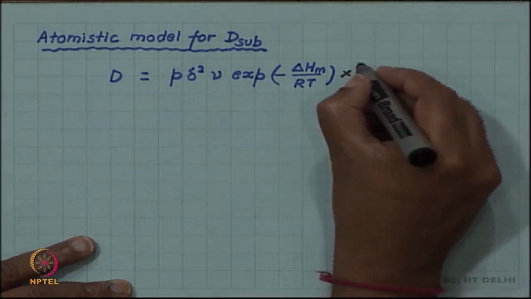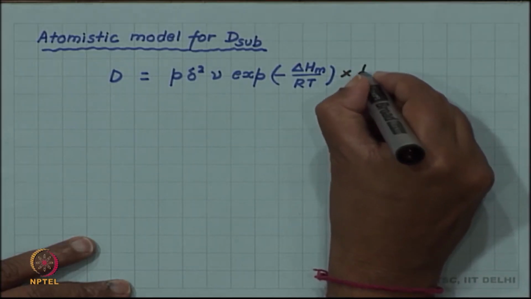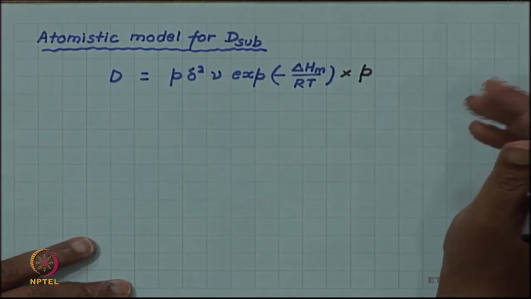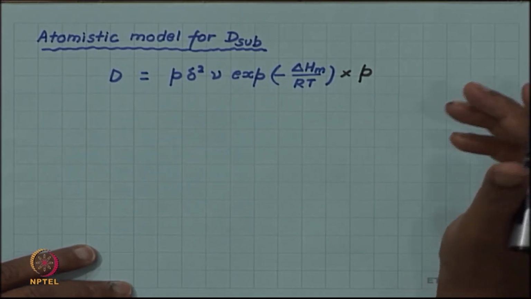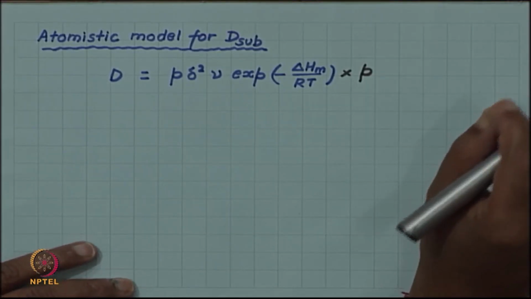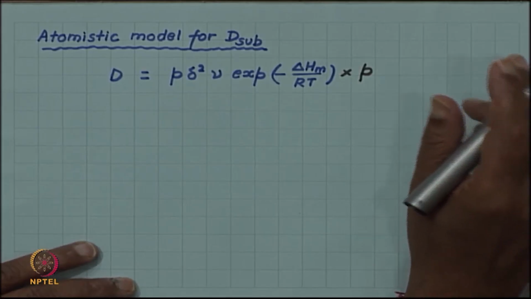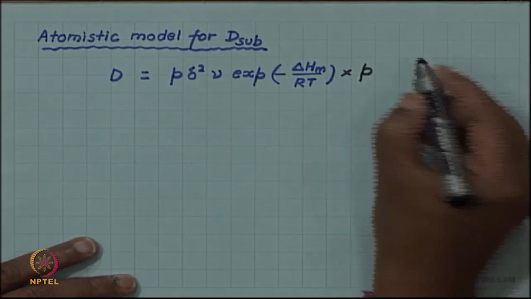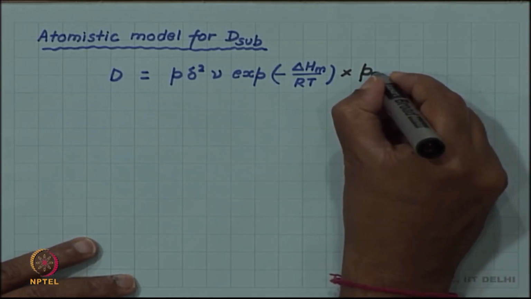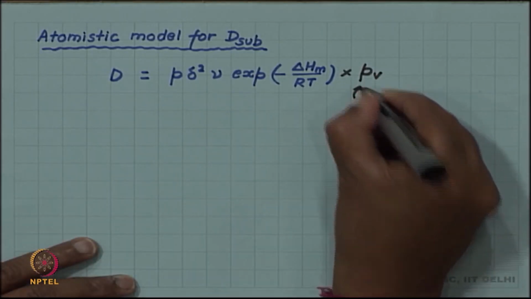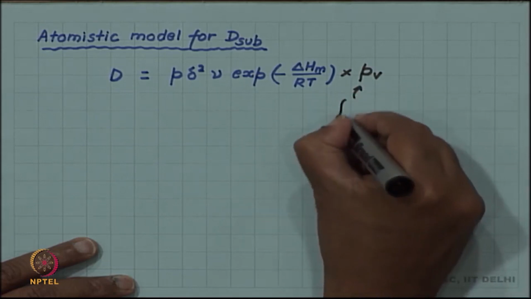So, I have to have the next site vacant, and the probability of finding the next site vacant in substitutional diffusion is very low, because it depends on the next site being a vacancy, and we have seen that the fraction of vacancies in a crystal is very low. It can be as low as 10 to the power minus 10 or even less.